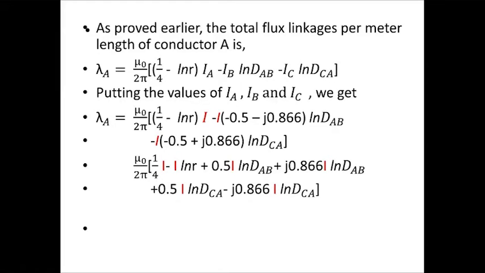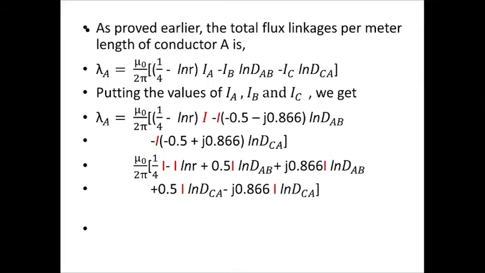Putting the values of IA, IB, IC, we get lambda A equal to mu0 by 2 pi into 1 by 4 log R into I. IA is represented as I. Now, substituting for IB and IC, we get minus I into minus 0.5 minus j0.866 log DAB minus I into minus 0.5 plus j0.866 log DCA.